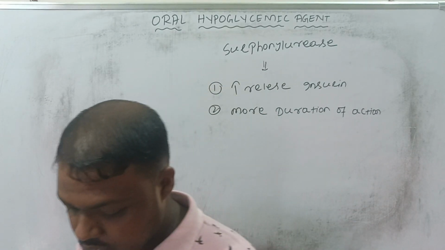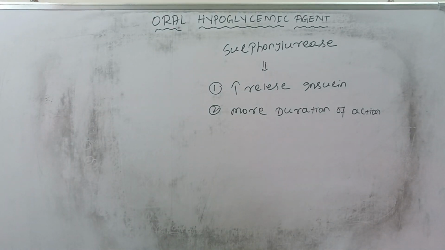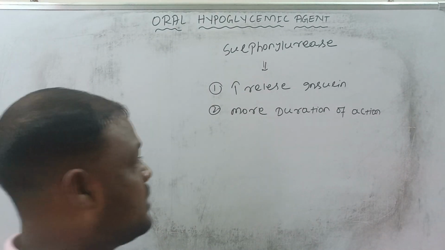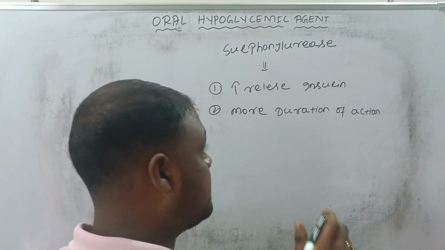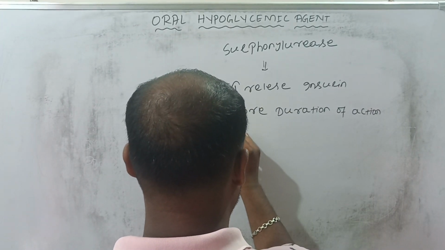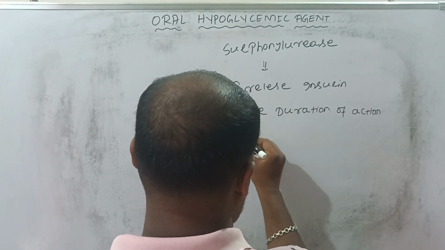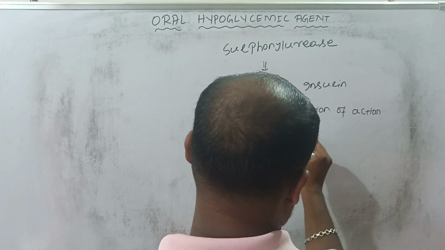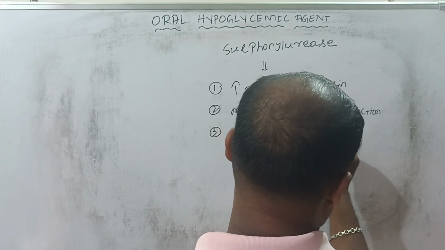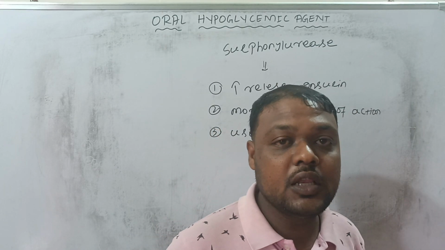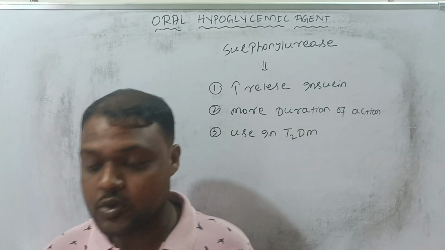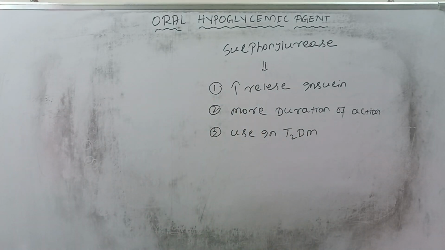Right? Then the maintenance dose is the time. So you use it in diabetes type 2. Right? Use in type 2 diabetes mellitus. The sulfonylurea is used in type 2 diabetes mellitus.